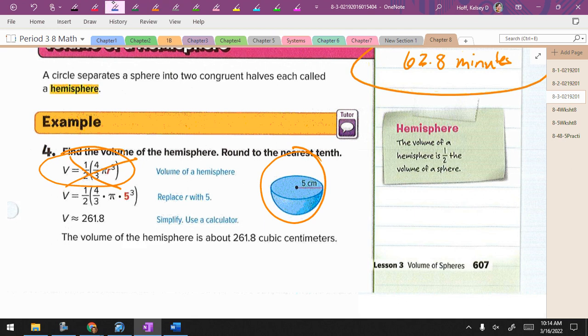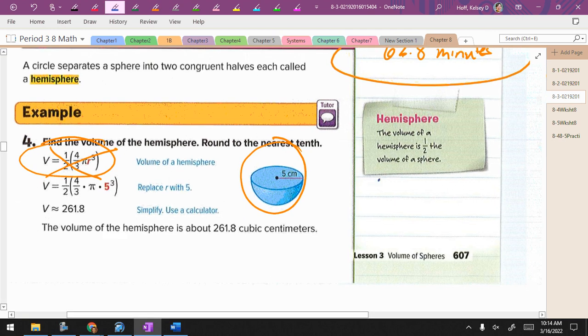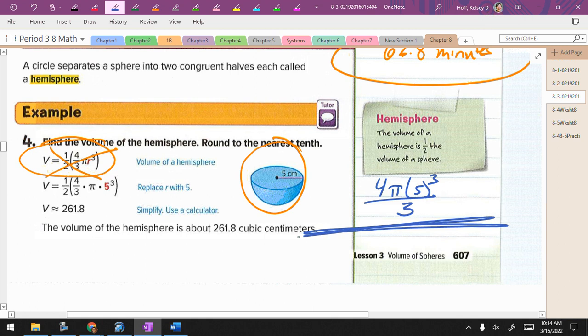Okay, so just to practice putting it in your calculator, if we take this problem, 4 pi, our radius was 5. Miss Hoff then puts a big, huge fraction bar and puts a 2. Because I want to figure out the whole sphere and then divide it in half. Okay, so type in your whole sphere, 5 cubed, answer times 4, answer times pi, answer divided by 3.